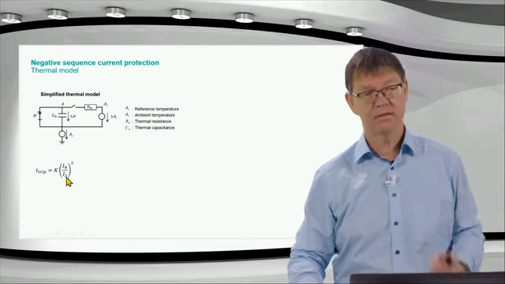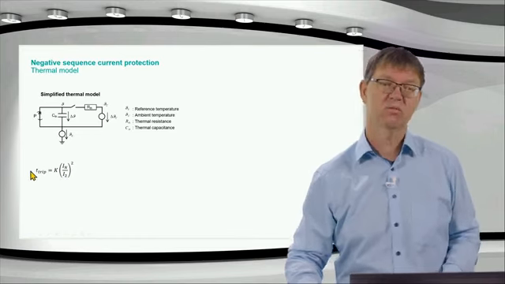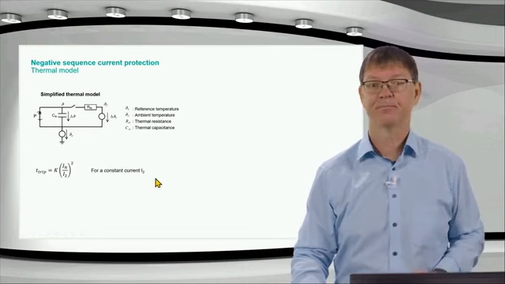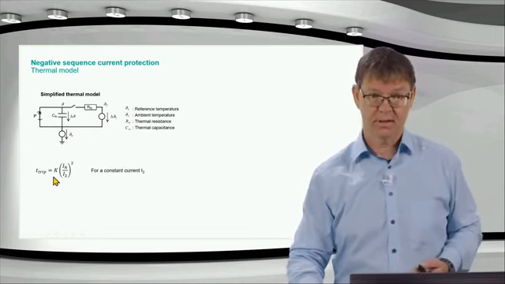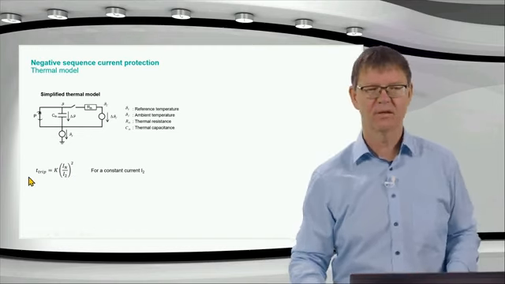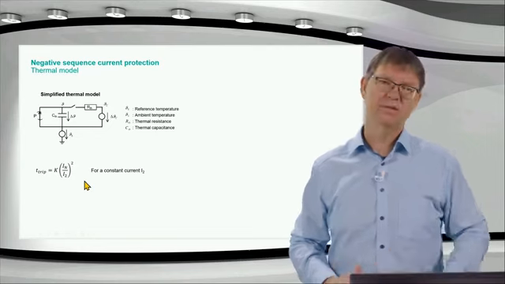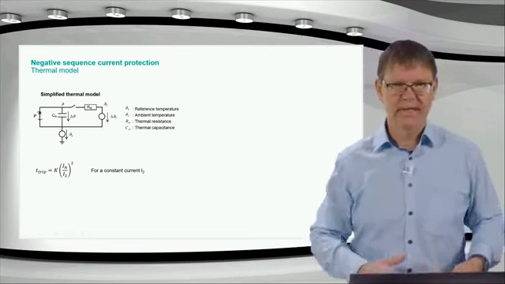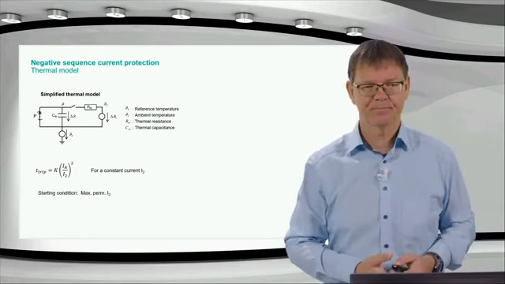That means the bigger the negative sequence current, the smaller is the maximum allowed time, the smaller is the tripping time. For a constant current, of course, this applies only if the current goes back and forth, then the tripping time will vary. But we also consider this because we integrate up the time related to the negative sequence current.